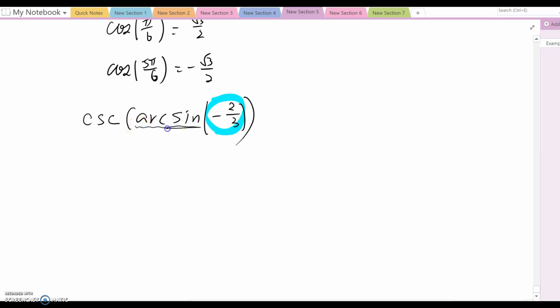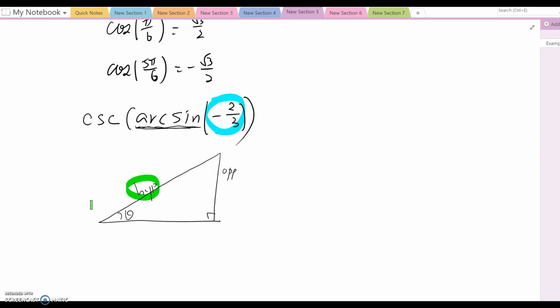Look at this arc sine. On the triangle, arc sine means what? Opposite over hypotenuse, right? And one key point is the hypotenuse is never going to be negative. It's always positive, because that's the radius value.